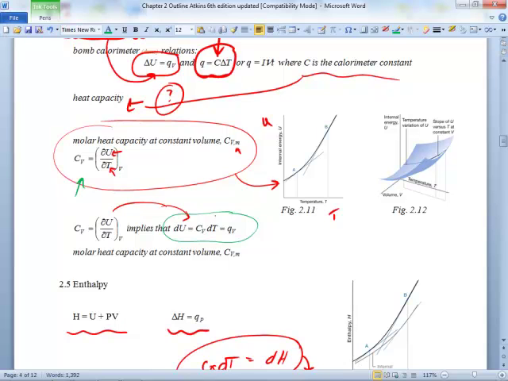If you did integrate, you'd have delta U equals CV delta T, right? Delta U equals QV. Q is really just CV delta T. If you know what the heat capacity is, you multiply it times the change in temperature.